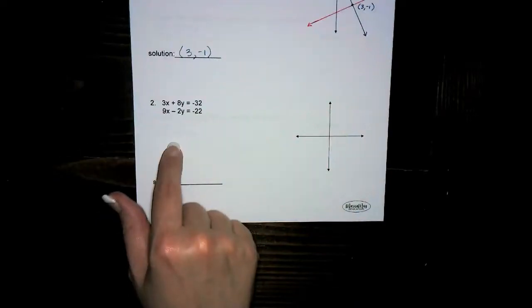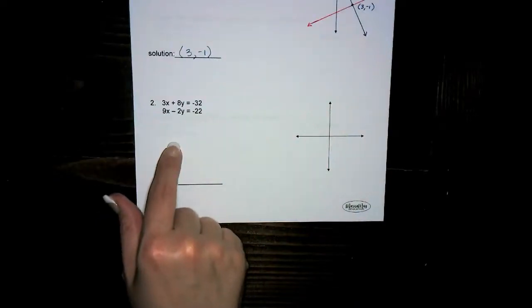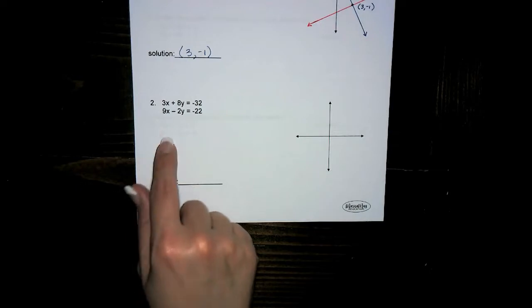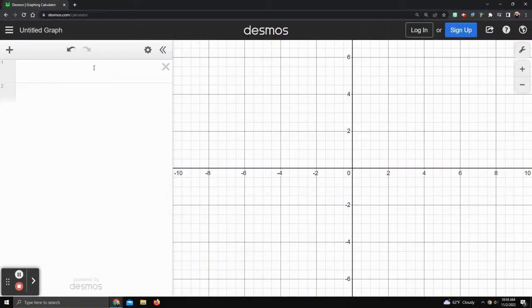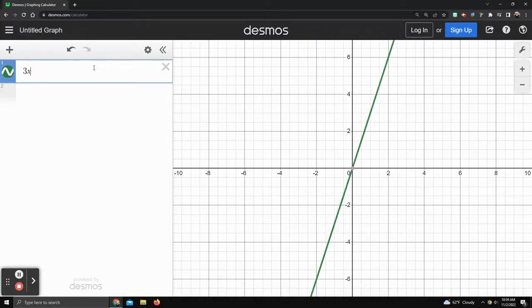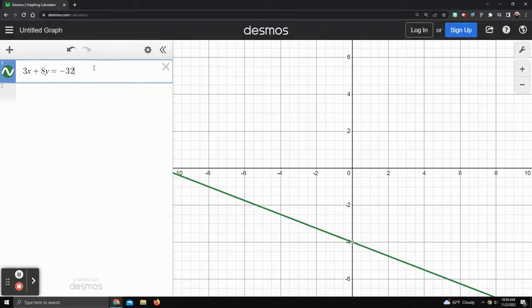Let's look at one more of this type. We're going to solve 3x plus 8y equals -32 and 9x minus 2y equals -22. I'm going to go back to the Desmos calculator to do that. Let's put the first equation in the first blank here: 3x plus 8y equals -32. Nice, it graphed it as a green line.